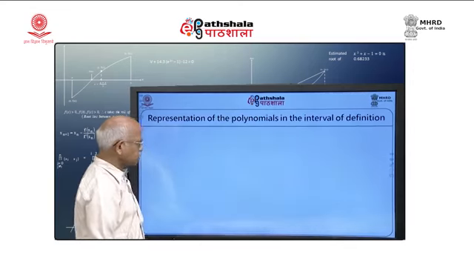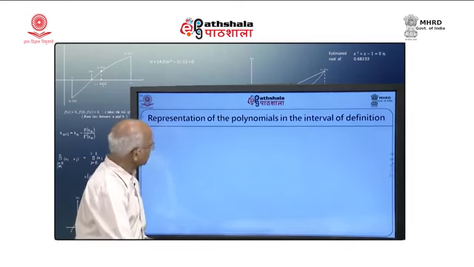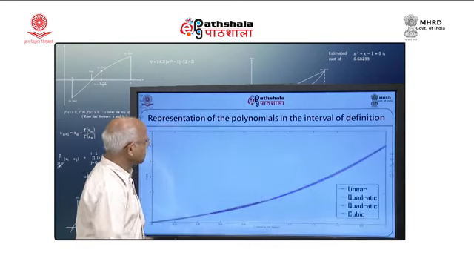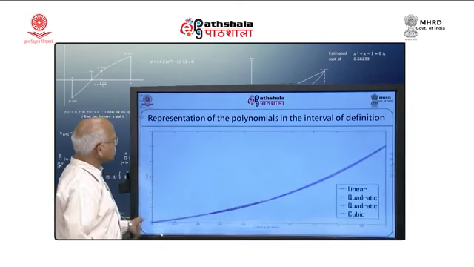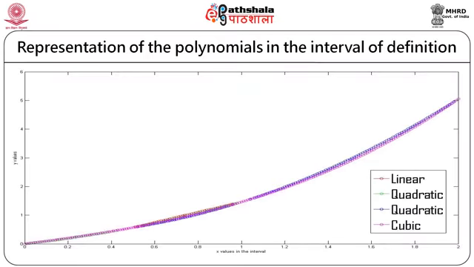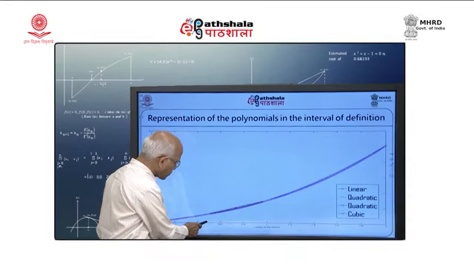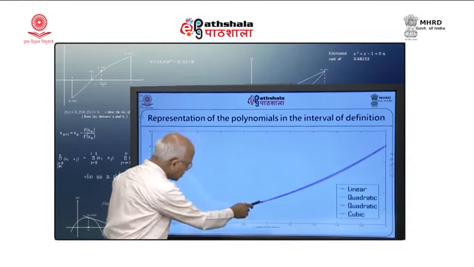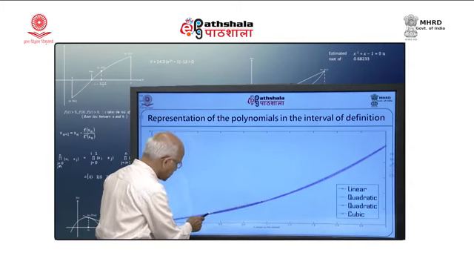So, different degree interpolating polynomials will give you different values. Now, if you plot these polynomials on the entire interval, it will look like this. This gives me linear interpolation, and that will be observed only in the interval 0.5 to 1, where you will see a straight line.